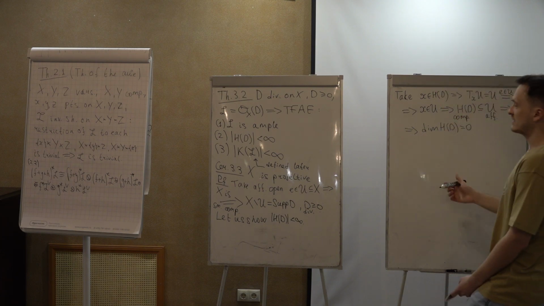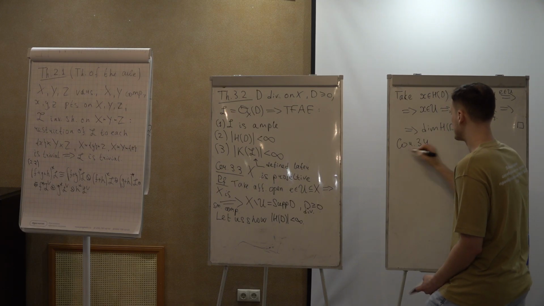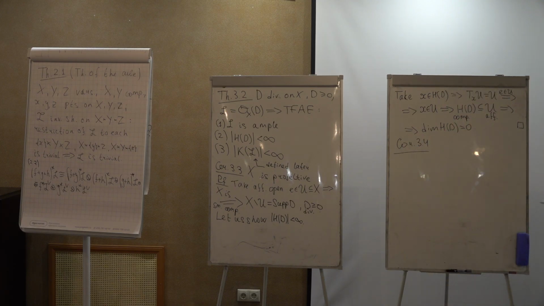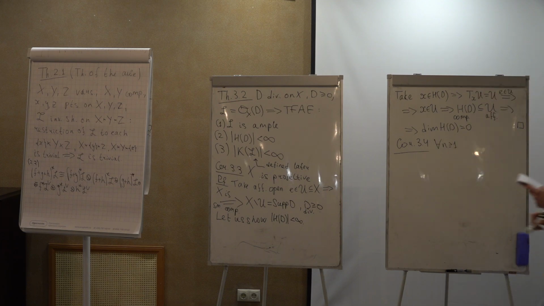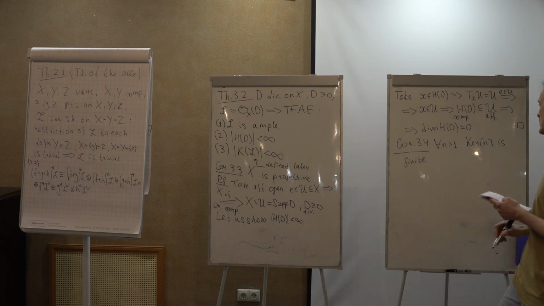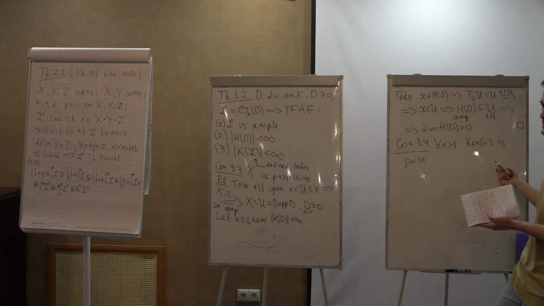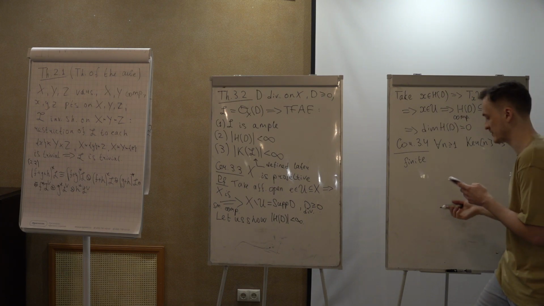That's about projectivity, and now about divisibility. We have this: for any integer n, at least one, the kernel of this map n is finite. By the way, did I mention that this map is a homomorphism of algebraic groups? Since it's Abelian, it's a homomorphism.